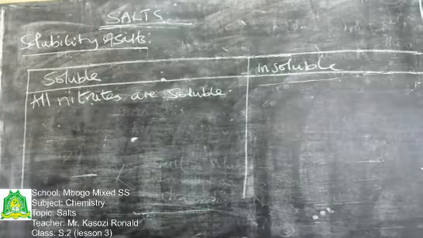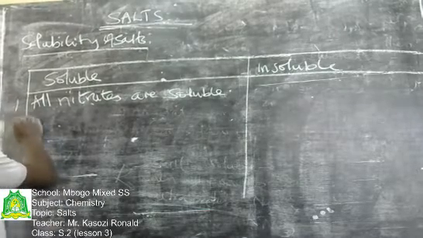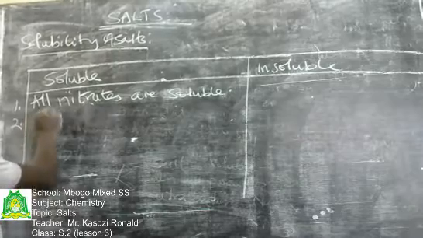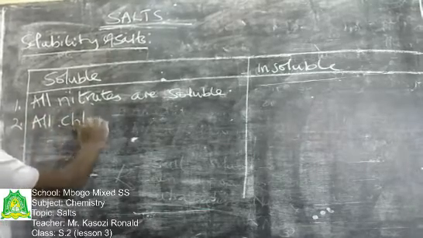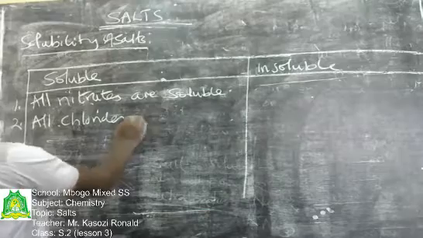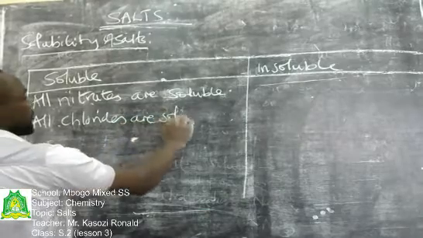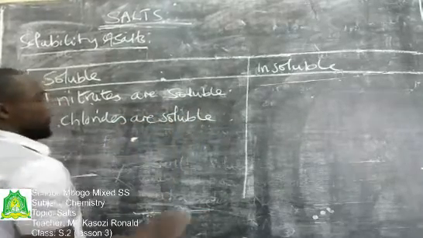Then that's one category. Two, we have all chlorides are soluble. All chlorides are soluble.